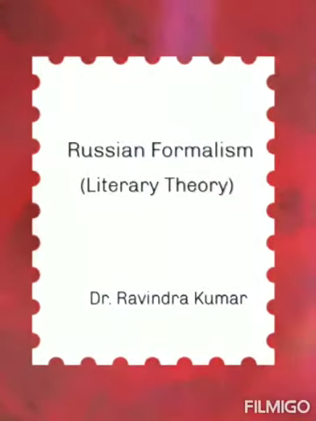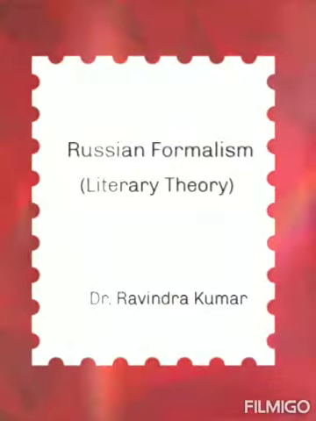Then in literature you can find so many examples of parallelism. Say for example, you can quote the poem How Do I Love Thee? The poem has been written by Elizabeth Barrett Browning, and I'm just quoting two lines from the poem. The lines are, I love thee freely as men strive for right.